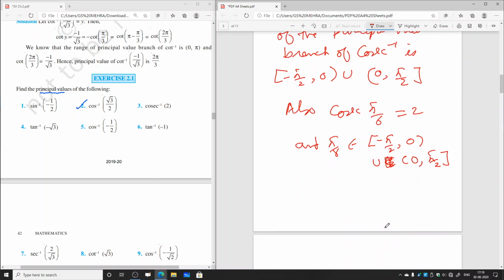Therefore we can say that y will be pi by 6, and therefore pi by 6 is the principal value.